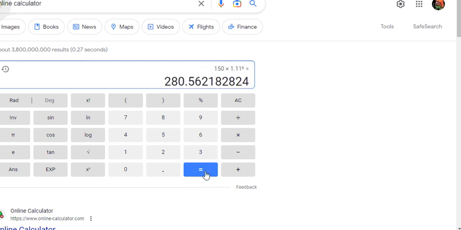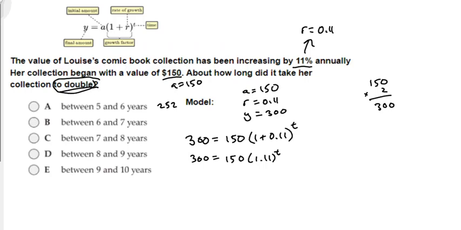All right, we get 280. So we're closer. At 5 years, it's $252. At 6 years, it's $280.